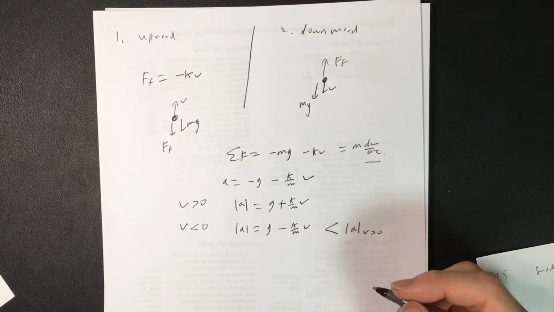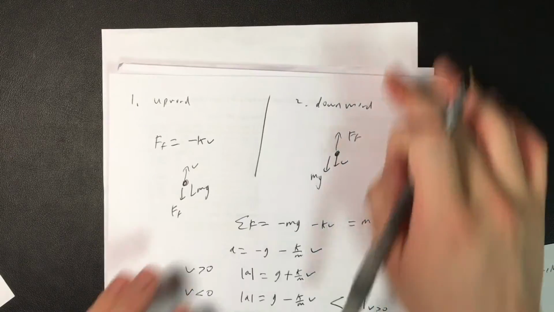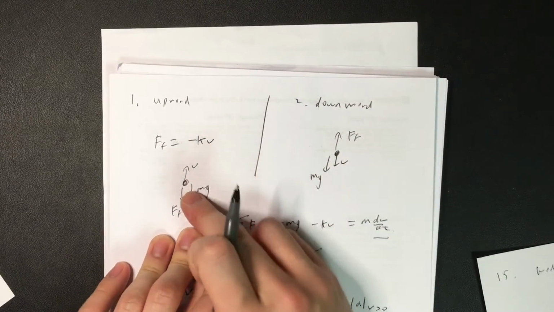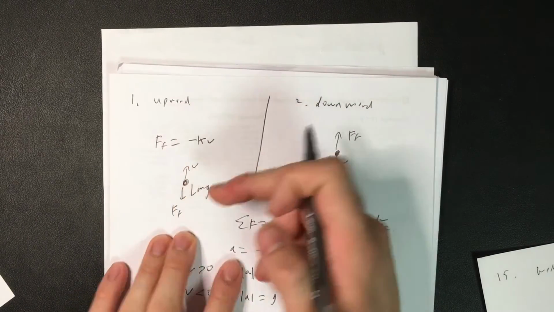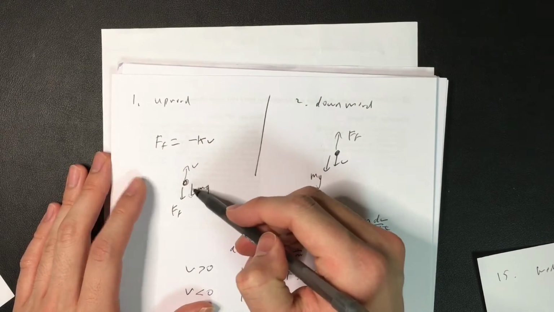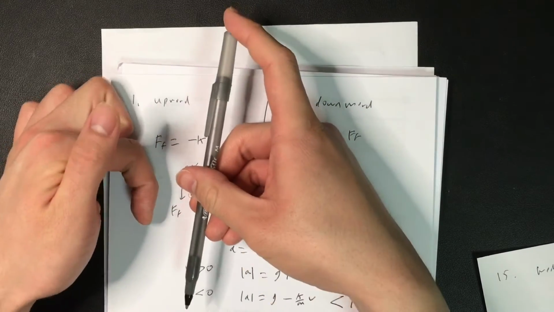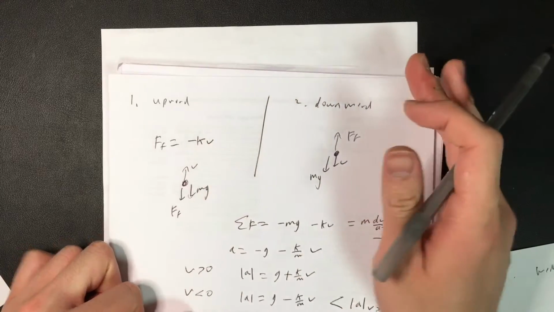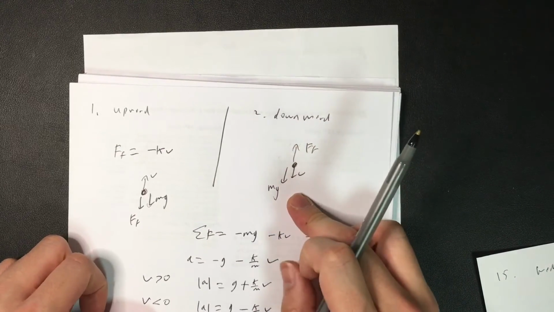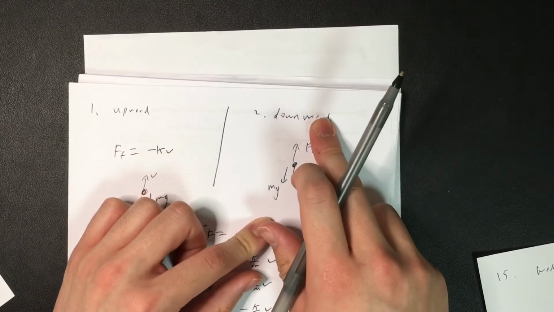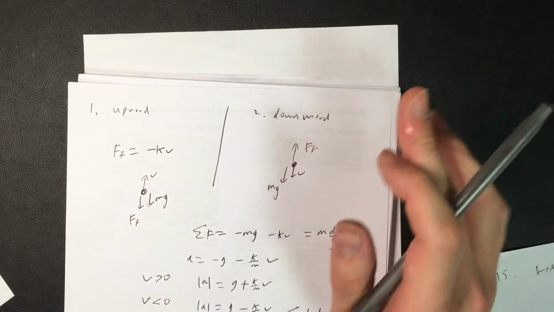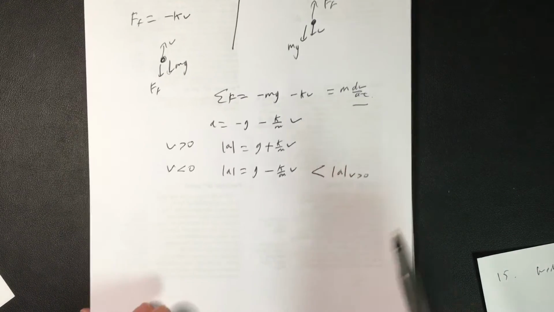This is clear from the force diagram that I drew here, since when the ball is ascending, the net force is greater, since both of the forces are pointing in the same direction. Meanwhile, when the ball is moving downward, the two forces are opposing each other, therefore they're canceling each other as well.